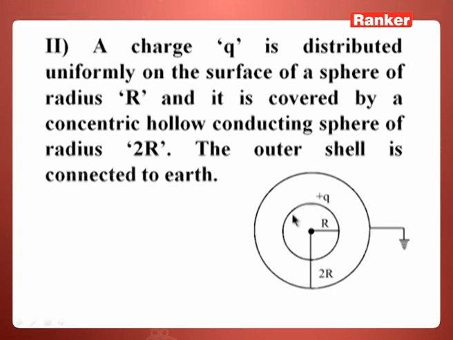This is actually a sphere of radius capital R having a charge plus Q. This sphere now is covered by one more spherical shell. What is that conducting hollow sphere's radius? It is given 2r. Very clearly it has been mentioned here, right?